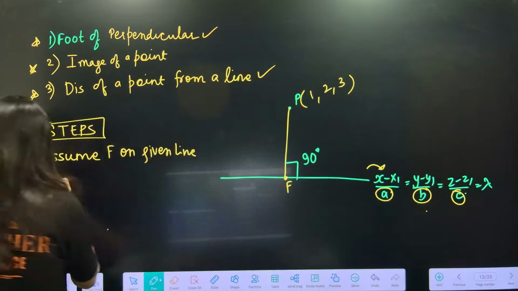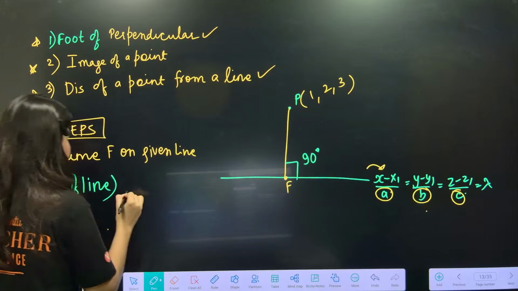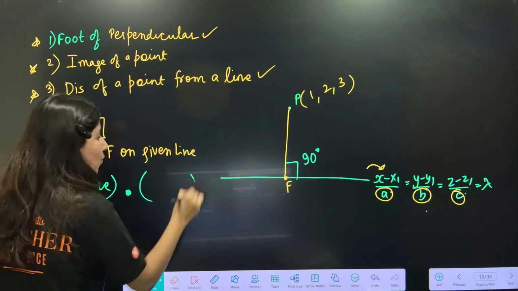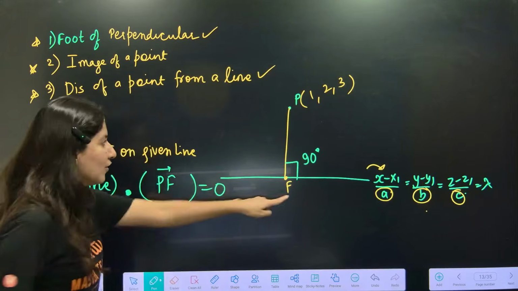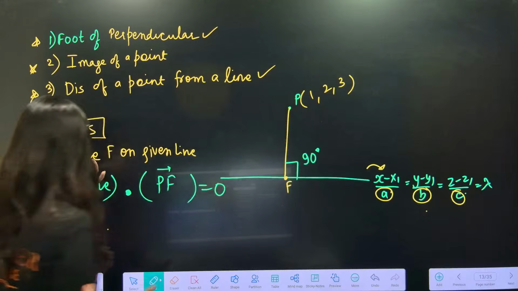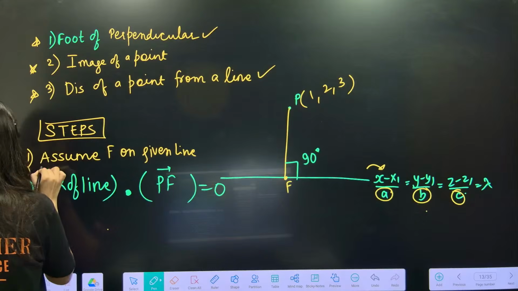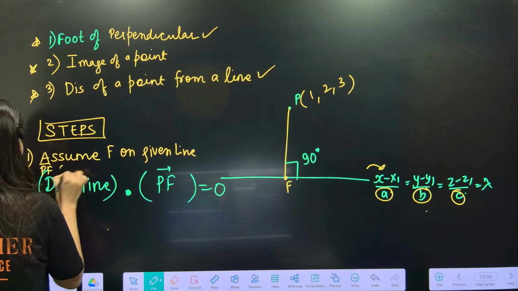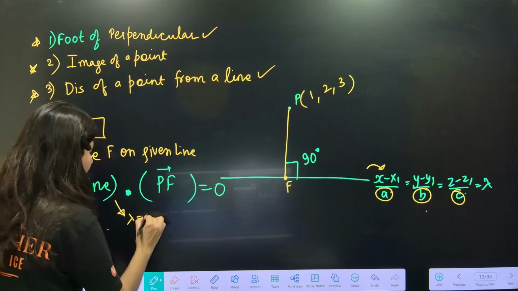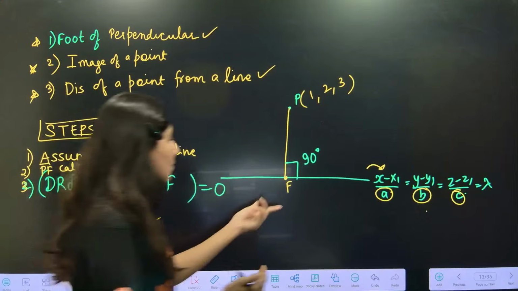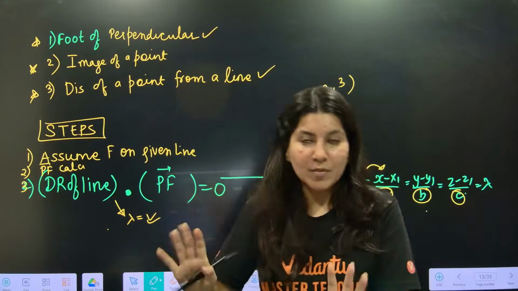That means the direction ratio of the line should be dotted with the PF vector, and that should be 0. F you have, P you have, so you calculate the PF vector. That is the second step. The third step will give you the value of lambda. Once lambda is there, that means F is there. Then you can go on and calculate PF and the foot of perpendicular.